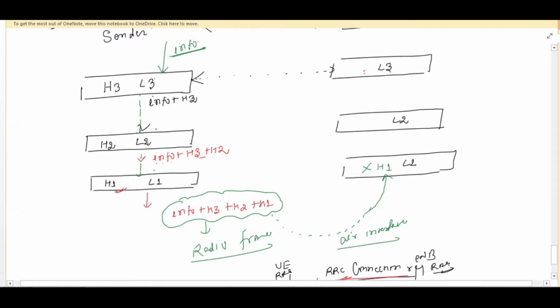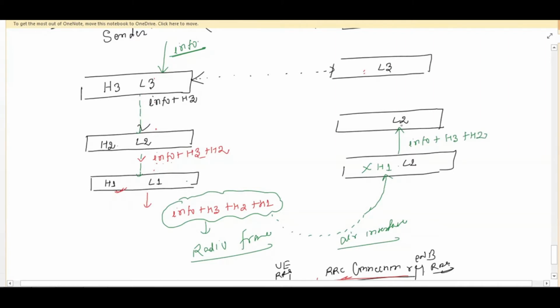Sender L2 added H2, so L1 cannot understand H2 or H3. The same layer and same protocol can understand only H1, and the rest, info plus S3 plus S2, is transmitted to layer 2.